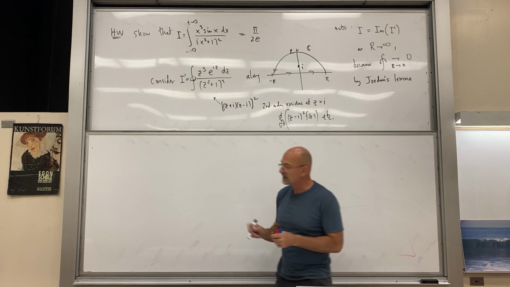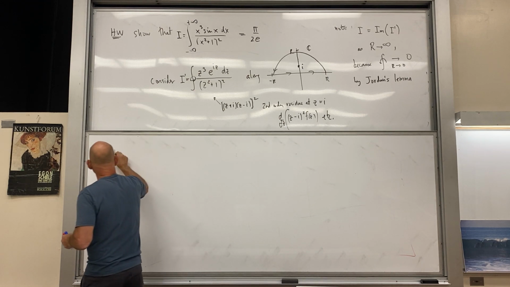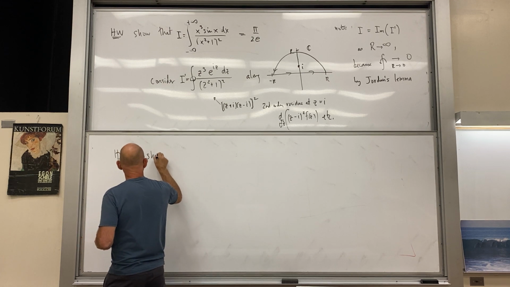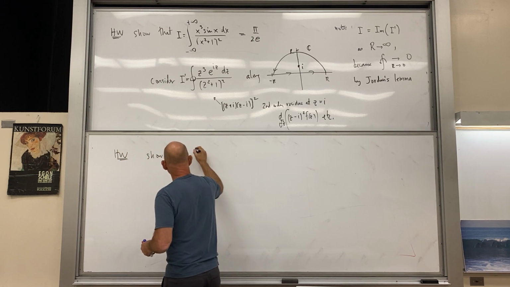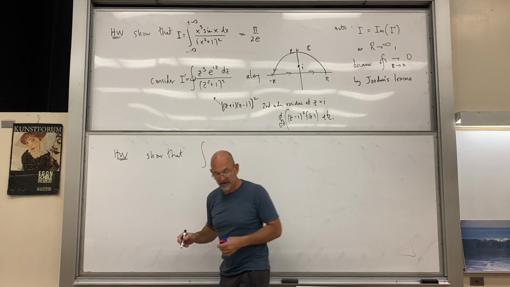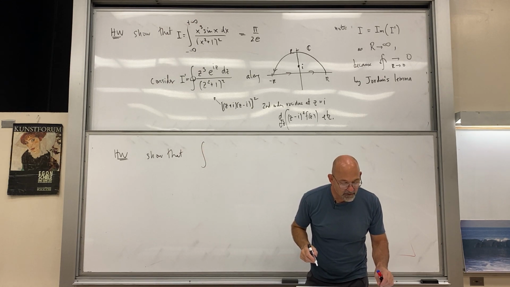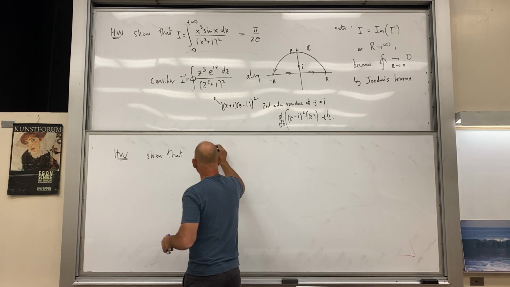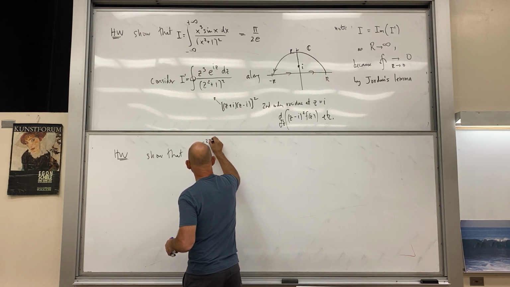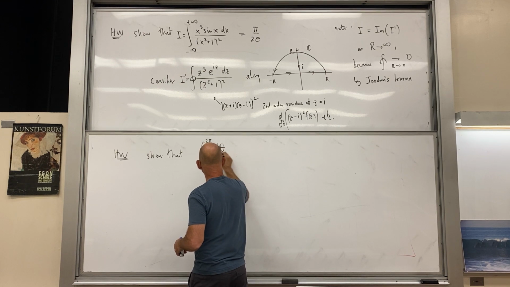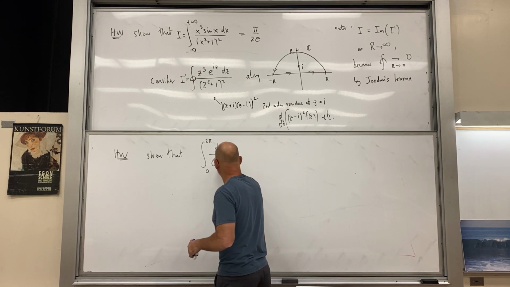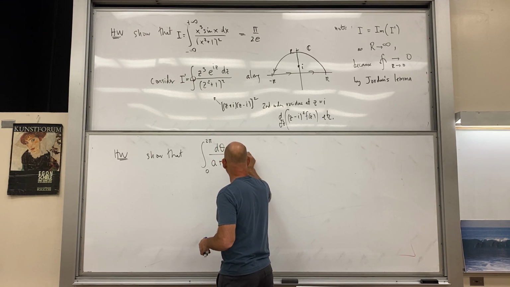So this time we want to calculate, so show that the integral I have here, 0 to 2 pi d theta over A plus cosine theta. A, is it plus or minus? A plus cosine theta, yeah. All right, it's completely different now.